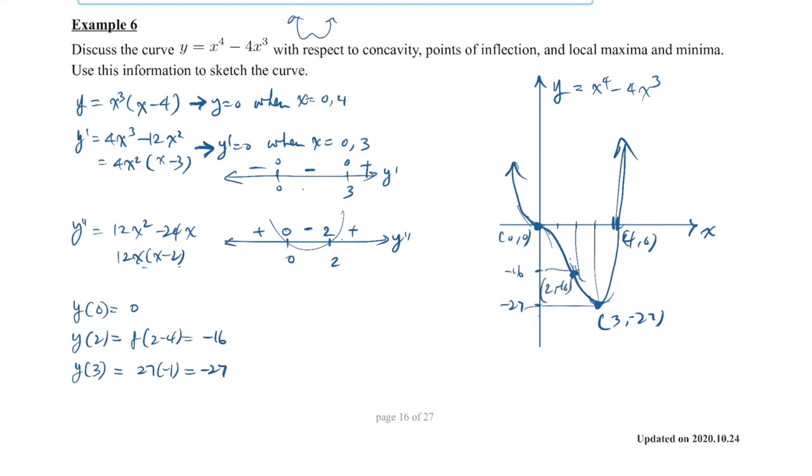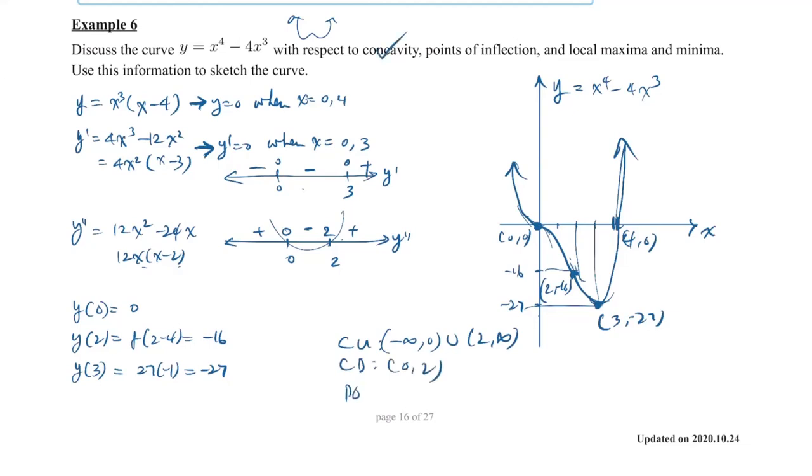So let's discuss the concavity. Using this information right here, it is concave up where? Negative infinity to 0 and 2 to infinity. Concave down from 0 to 2. Check.